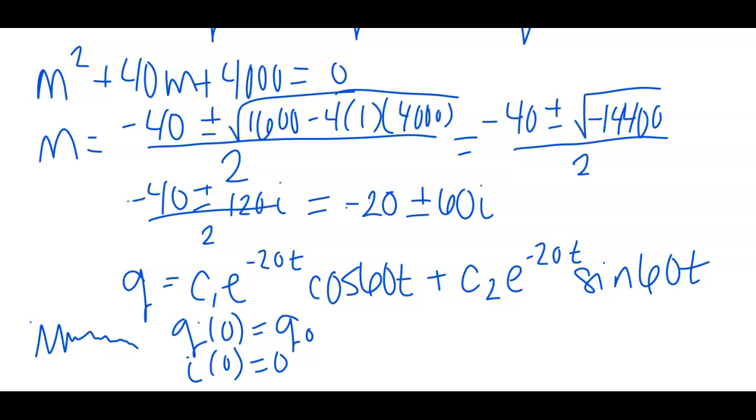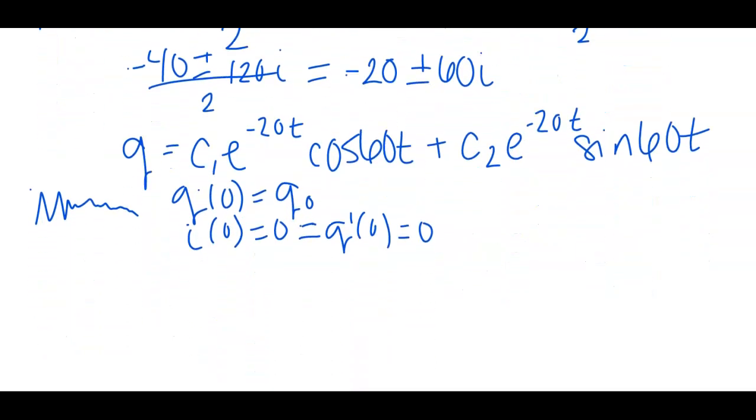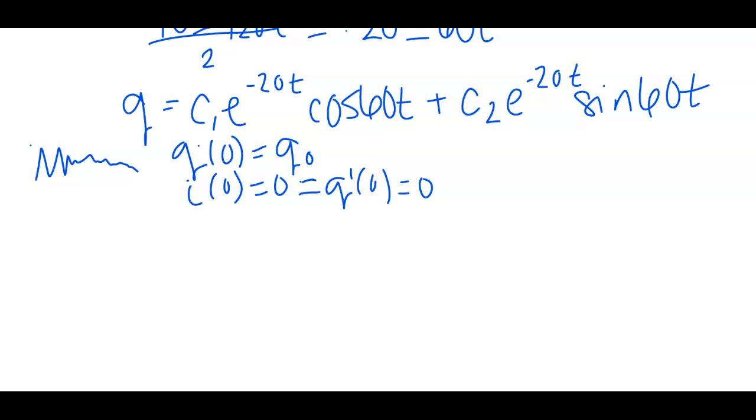Now remember the relationship between I and Q. I is Q prime, okay. So when I plug in 0, my e's become e to the 0, which is 1. Cosine of 0 is 1, so that's going to stay. So I get Q naught equals C1, but my sine goes away. So C1 must be Q naught.